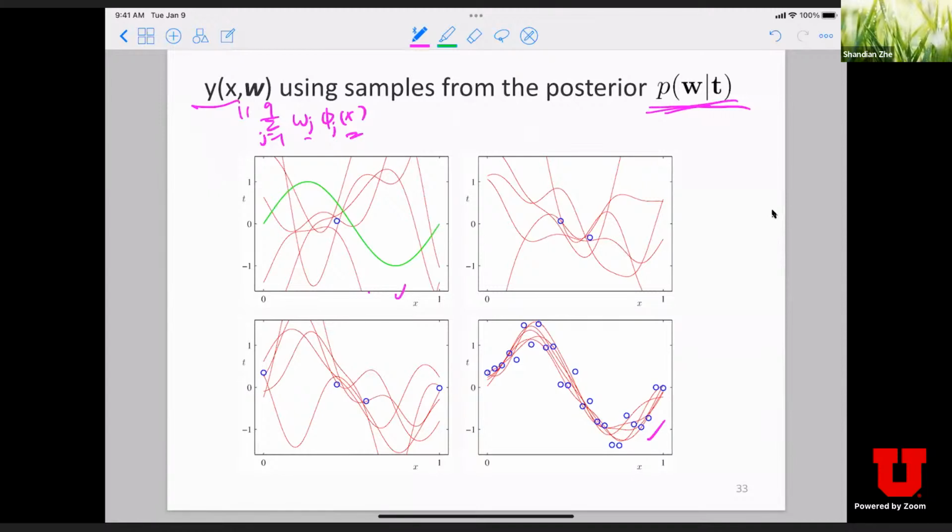But this does reveal the flavor of Bayesian methods. The point is that by incorporating more and more data points, our estimation of the model parameters is getting more and more accurate. At the same time, we reduce our uncertainty, because we always deal with distributions rather than just some points.